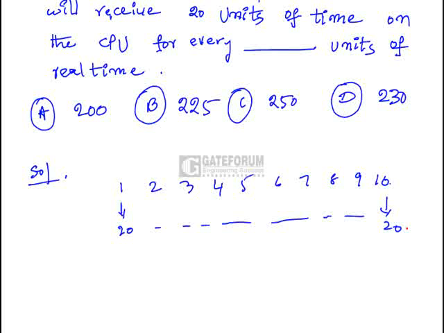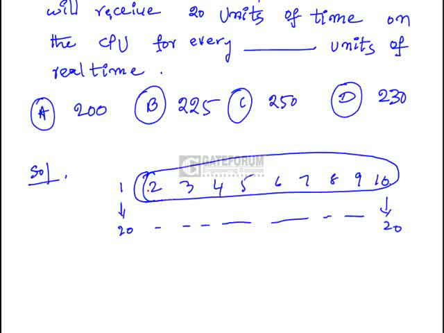Now the switching time is 5 units. For the remaining 9 processes, for example, you have to get from 1 to 1. For the remaining 9 processes, 9 into 20 time units, 180.